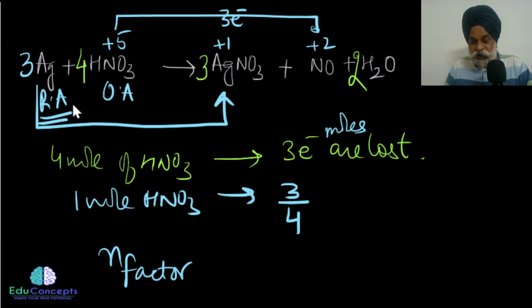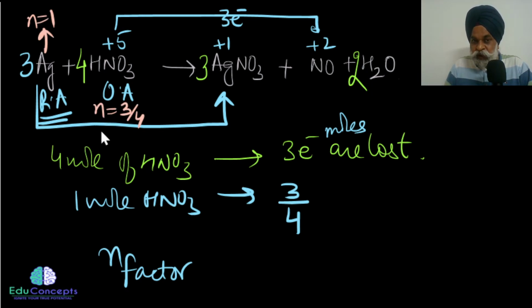And as a matter of fact, you could also do it with the reciprocal of stoichiometric coefficient also, because the stoichiometric coefficient, if you would see, if I would write the n factor of this, the n factor of this is 1, n factor of this is 3 by 4.